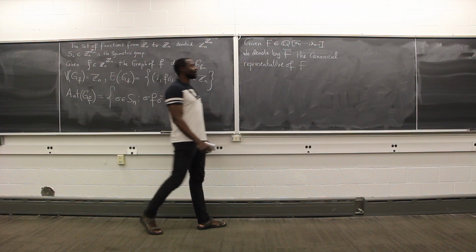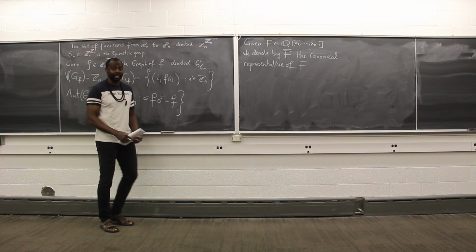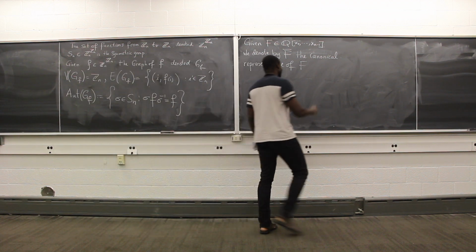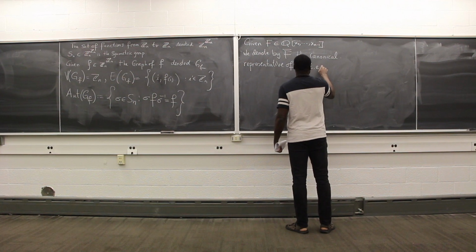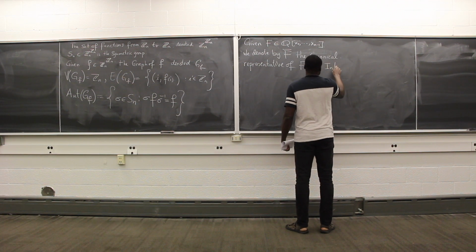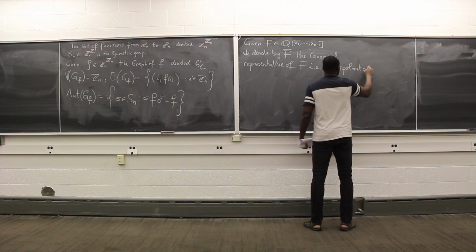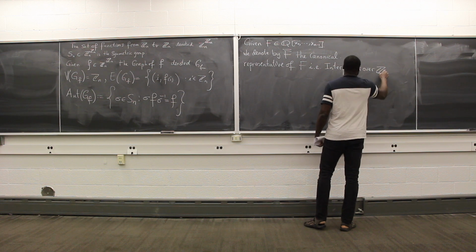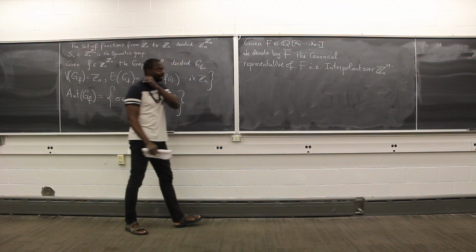And by canonical representative, what I mean is the polynomial you get when you interpolate f over Zn to the n. That's what we were doing last time. So you interpolate the polynomial over Zn to the n and you keep these guys.